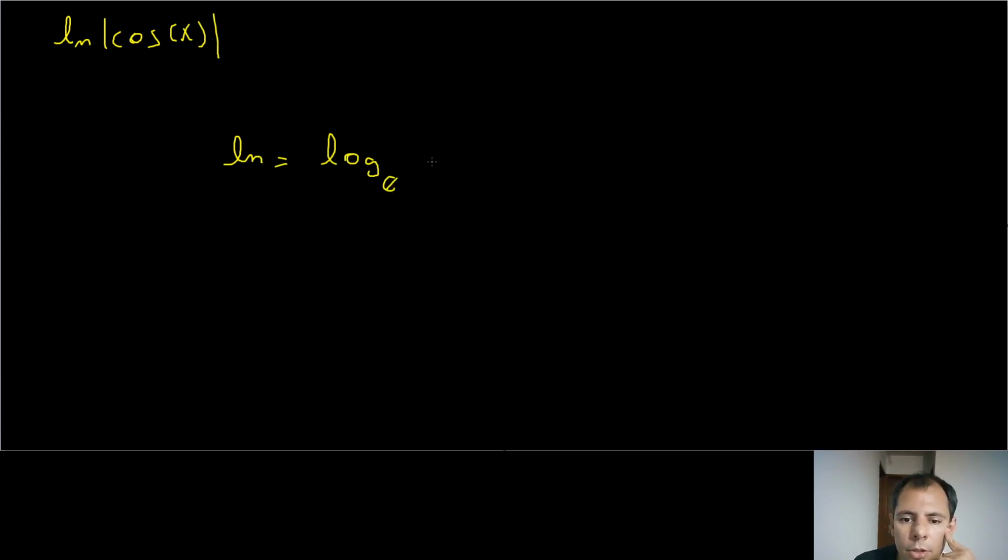So let's just say that you have ln of something equal to, let's just say, x. Now, what does this notation mean? It means that e elevated to x equals L.